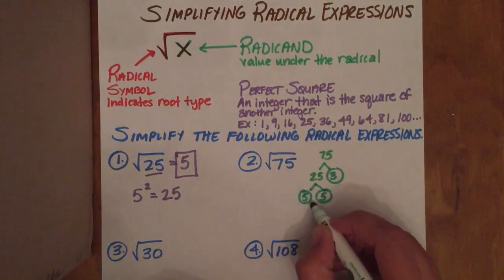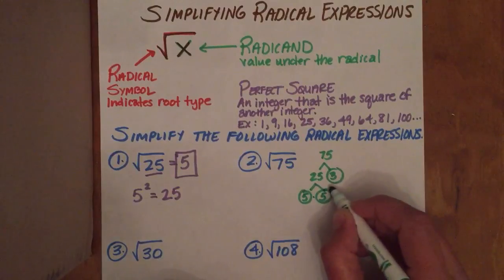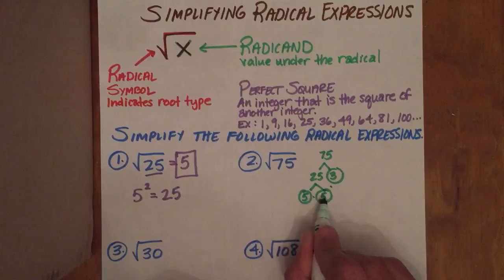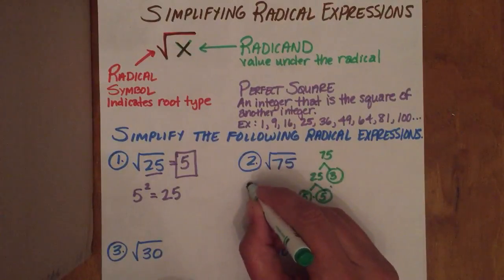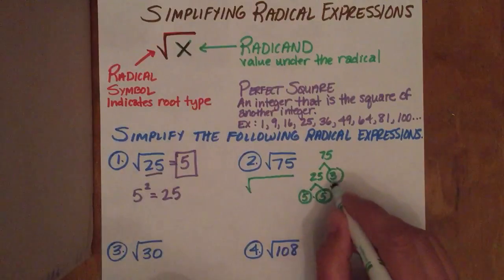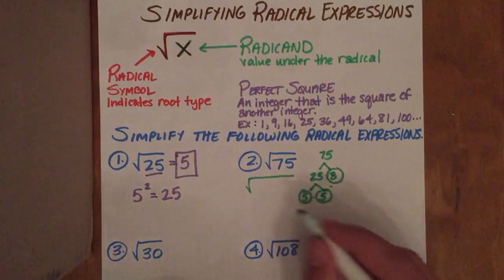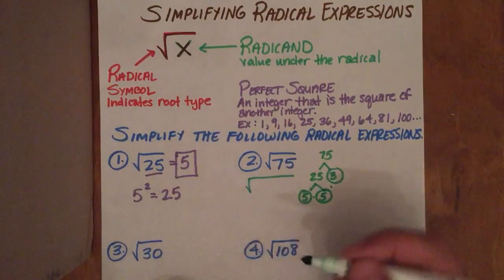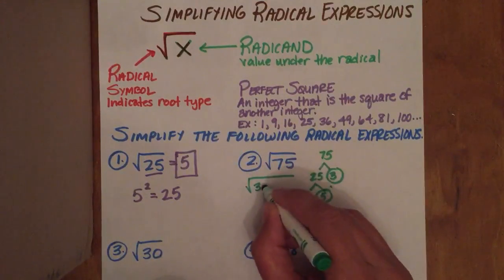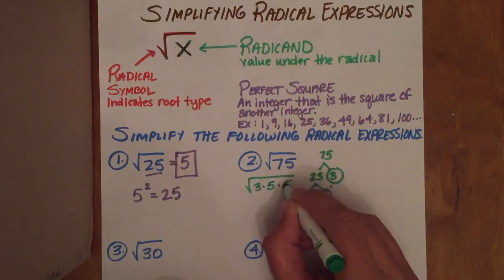This means that 75 is the product of 5, 5, and 3. I'm going to rewrite 75 with the factors ordered from smallest to largest. You don't have to, but it makes it easier to match up the pairs we're going to look for: 3 times 5 times 5.